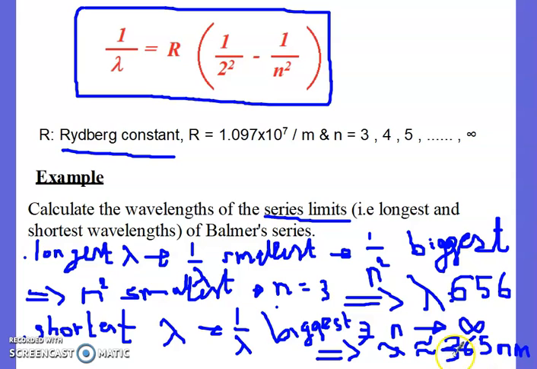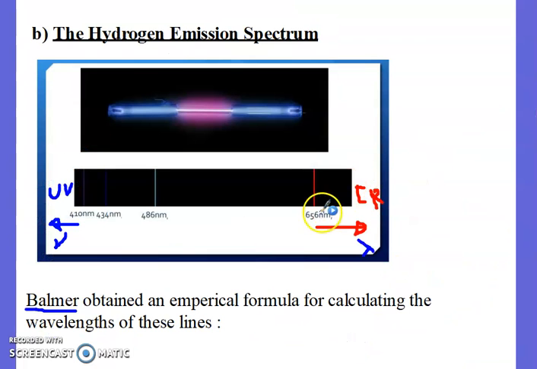But notice here 365 is less than 400 nanometer, which means 365 is in the ultraviolet range. So Balmer series starts from this wavelength up to ultraviolet value. Okay?